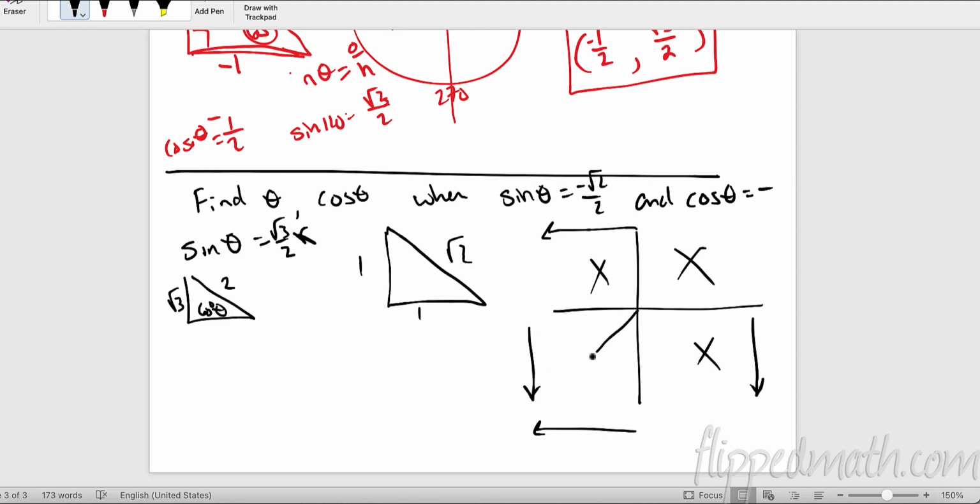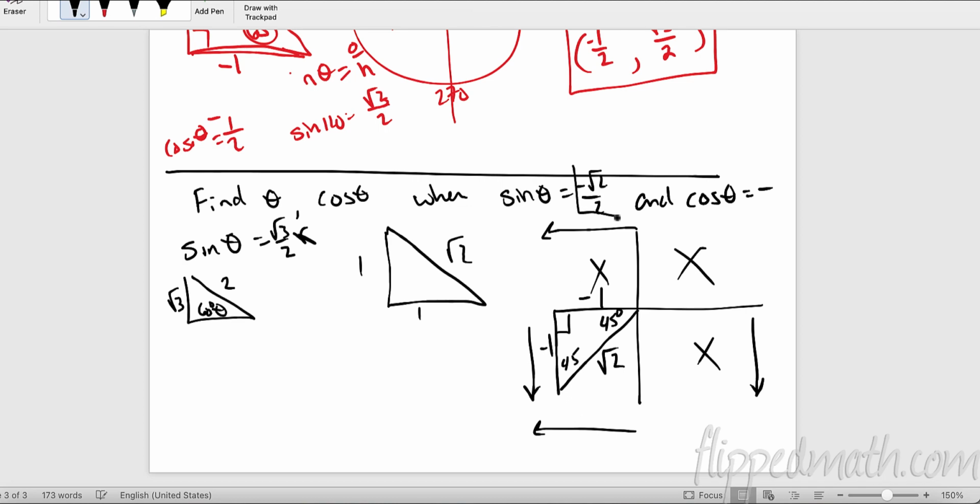So I'm going to draw my angle right here. Now I know this angle is 45 degrees. And I know that because of radical 2. I know I'm using that. So I'm going to label this. I go to the left 1, I go down 1, and my hypotenuse is radical 2. All right, let's check.